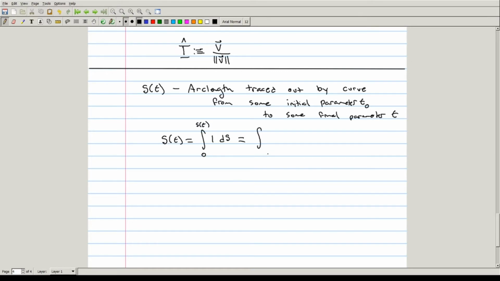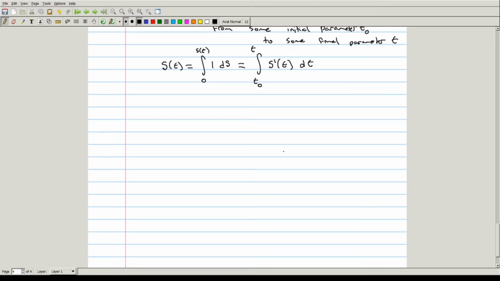And if we convert this integral into the parameter value, this is the same thing as the integral from t0 to t of s prime of t dt, where s prime of t is exactly the rate of change of arc length along the curve at any given point t. So the idea is that if we can evaluate this integral, we can compute the arc length.